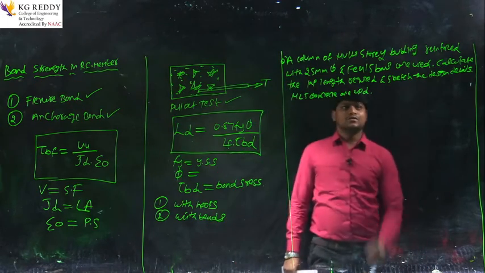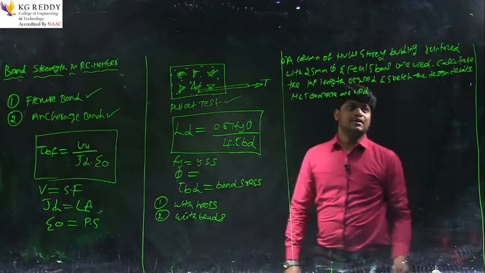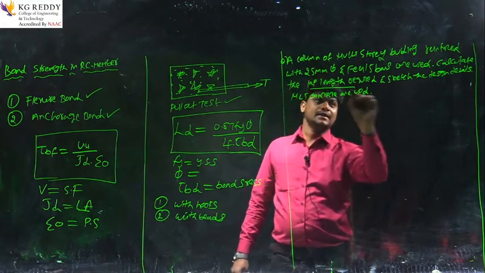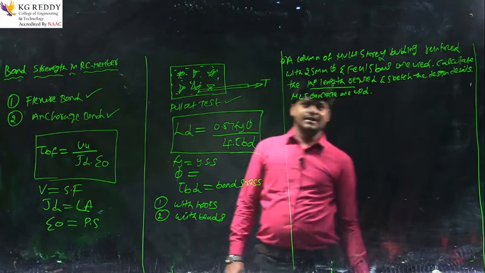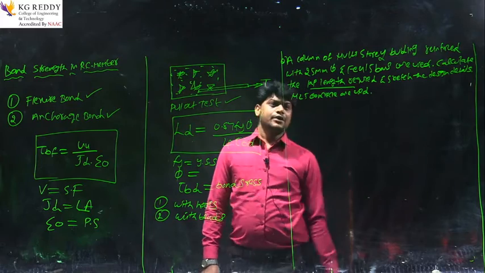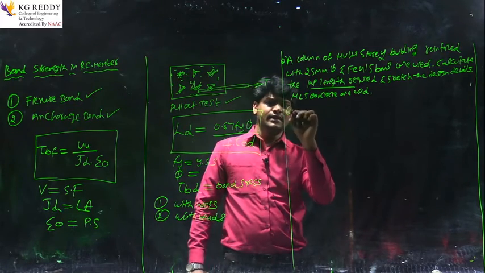A column of a multi-story building is reinforced with 25 mm diameter Fe415 bars. Calculate the lap length required and sketch the design details of the section, given M25 grade of concrete. Now, what is given here?